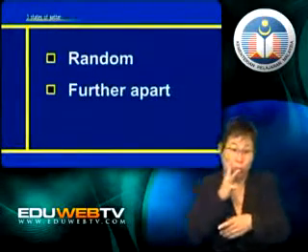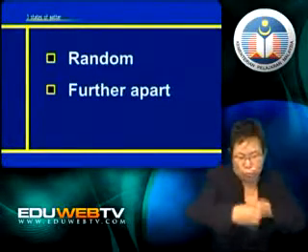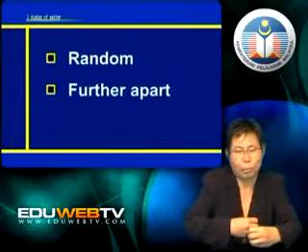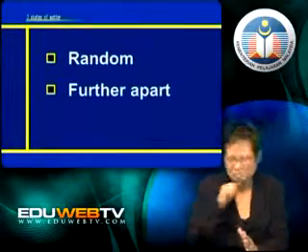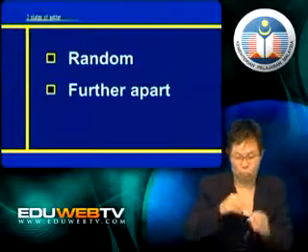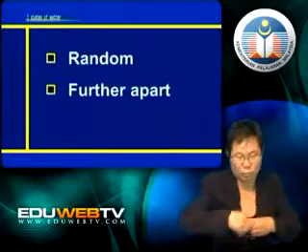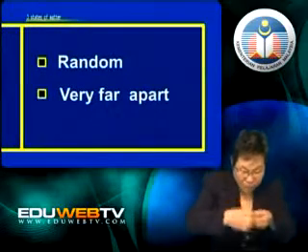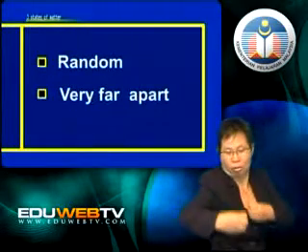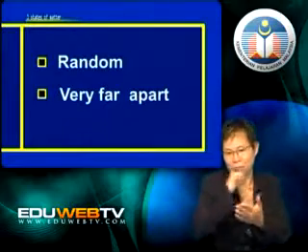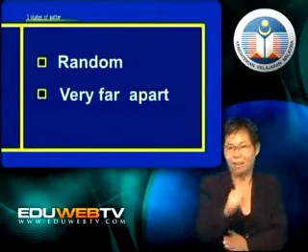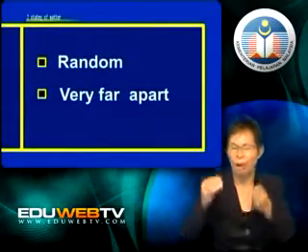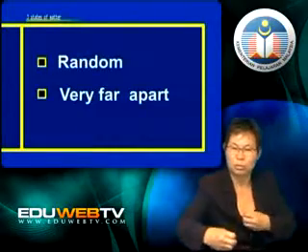In liquids, the particles are far from one another. They are not arranged in an orderly manner. There is more space between the particles. In gases, the particles are farther from one another. They are also not arranged in an orderly manner, and there's a lot of space between the particles.